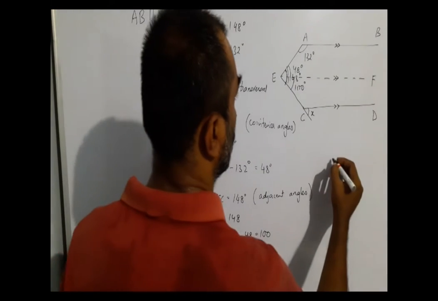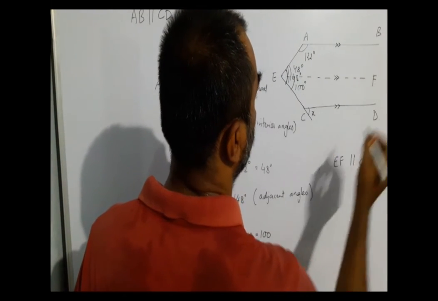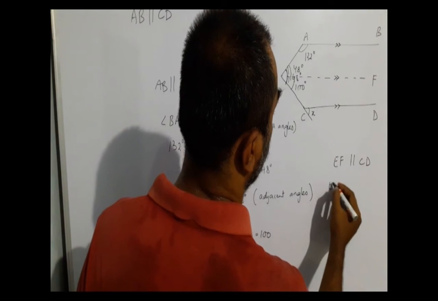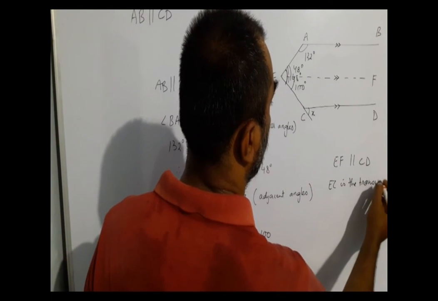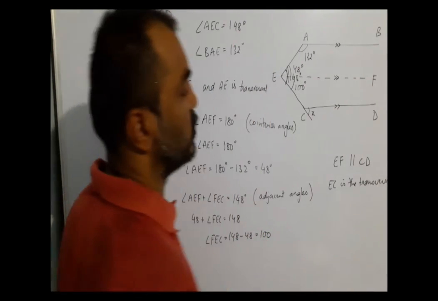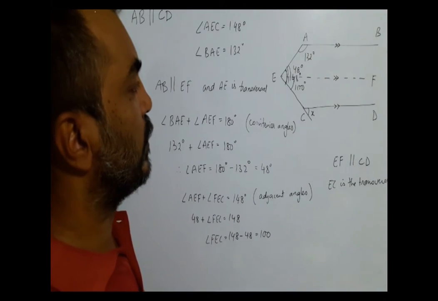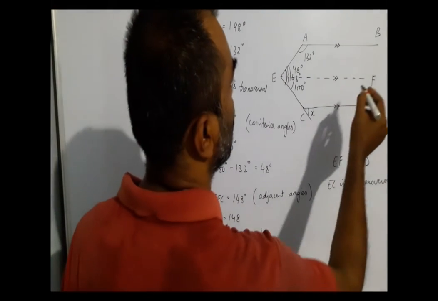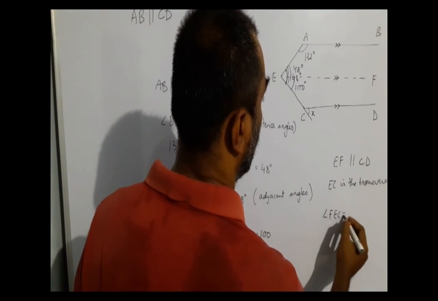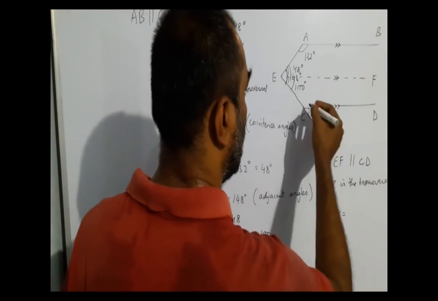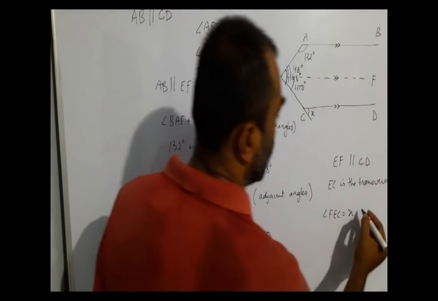Now we have EF is parallel to CD. We have drawn EF parallel to CD, and EC is the transversal. So you have to always mention which parallel lines you are taking and what transversal you are taking. Now what do you get with the transversal? Angle FEC equal to angle X. What reason will you give?